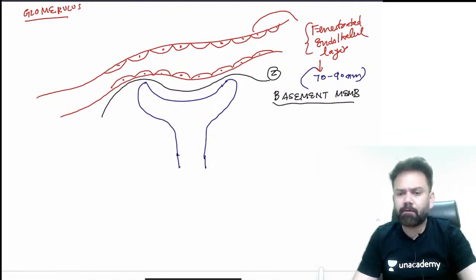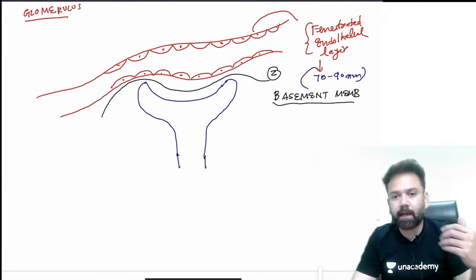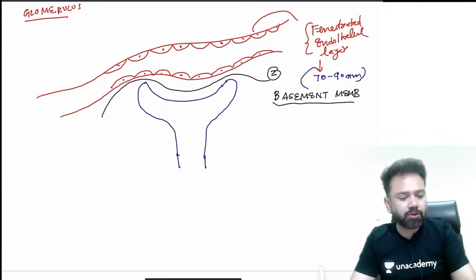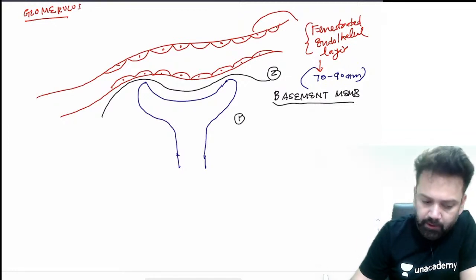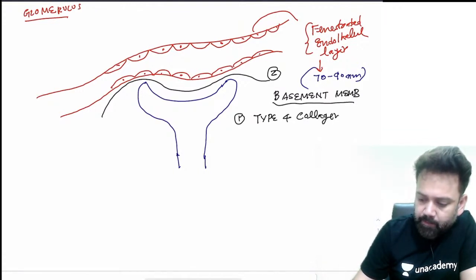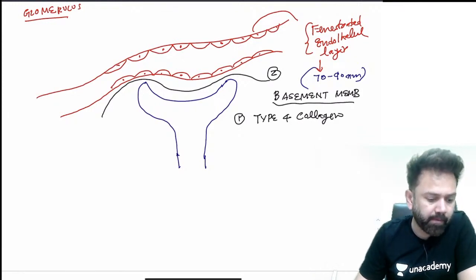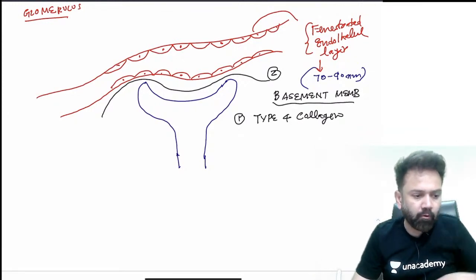Number one is collagen. Which collagen? Type 1, type 2, type 3, type 4. Yes, it is type 4 collagen. Very good. First component is type 4 collagen.